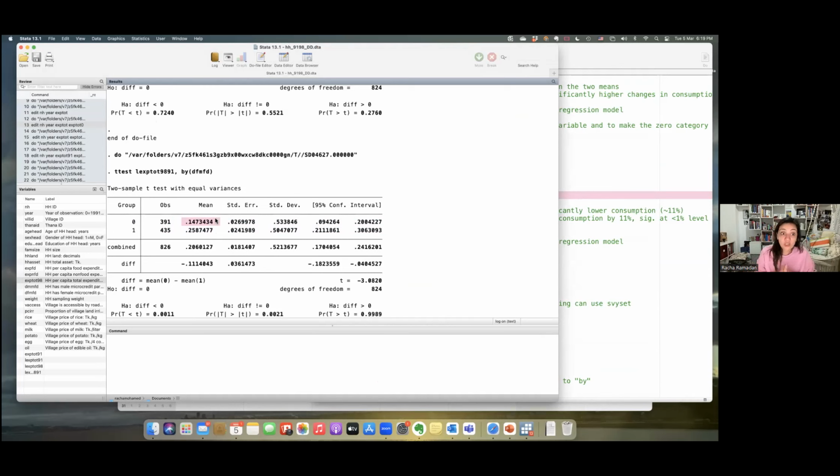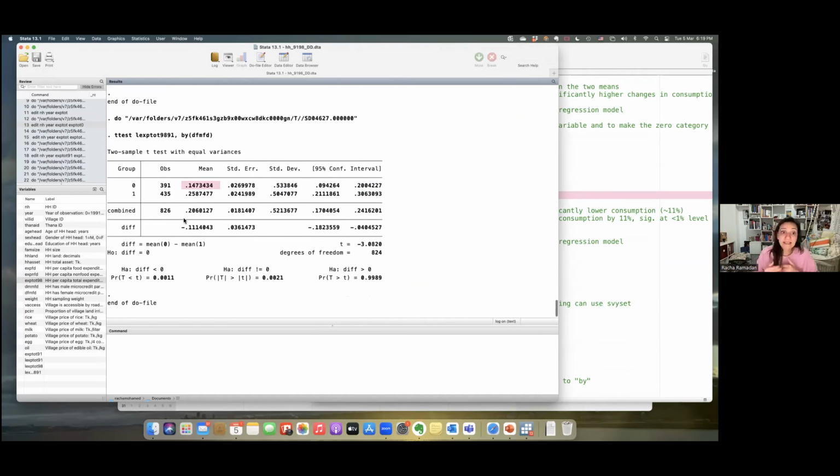So just by looking at the two means, we can observe that the change in the group of households who have female microcredit is more important compared to the change in the household expenditure of those who have no female microcredit. And when we check the significance, we can conclude that yes, there is a significant difference.